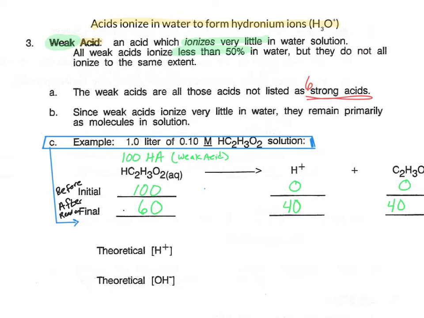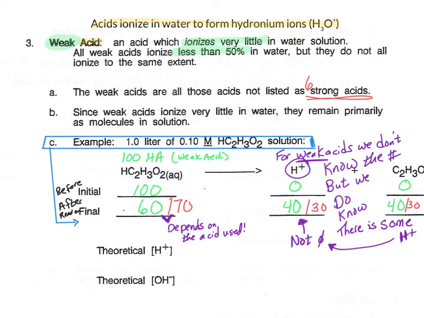What if I had said, you know what, no, I think it's only 30%. That means I would have still 70 here and 30 here and here. So you see how it depends on the acid. All that really tells us is that in weak acids, we are not able to determine exactly what the number is. We can pick a range, but we don't know the exact number.